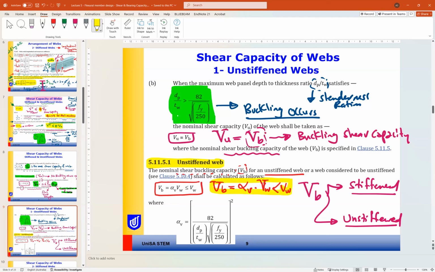So this is our formula. Again, the maximum is VW. VW we calculated earlier as 0.6 F yield AW, so VB will be a portion or percentage of it. What is the parameter we should use? Alpha V. Alpha V equals 82 divided by dB over tw root F yield over 250, squared.